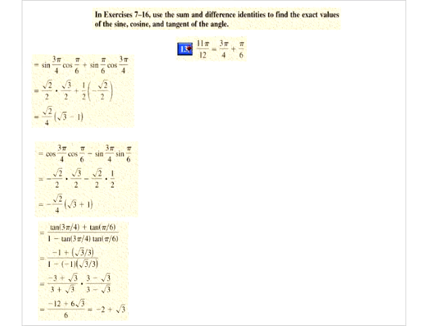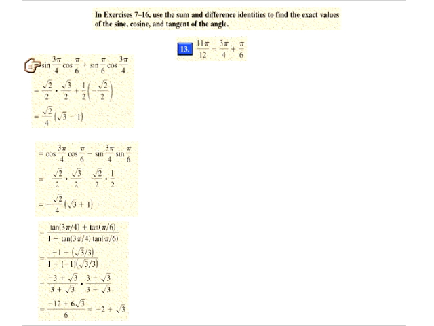So for example, 11 pi over 12 is not originally on our unit circle. But 3 pi over 4 and pi over 6 are. If I add them together, I get 11 pi over 12 once I have my common denominator. So I can use the sine, cosine, and tangent formulas to figure out what these equal.